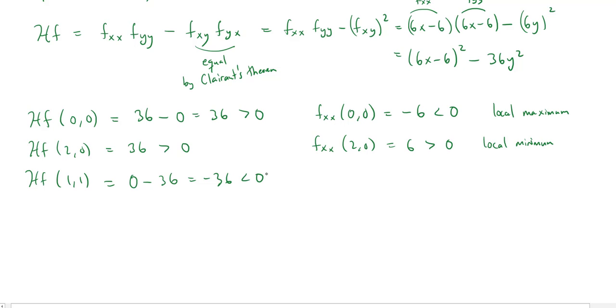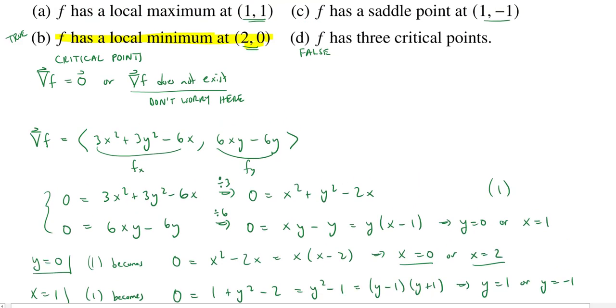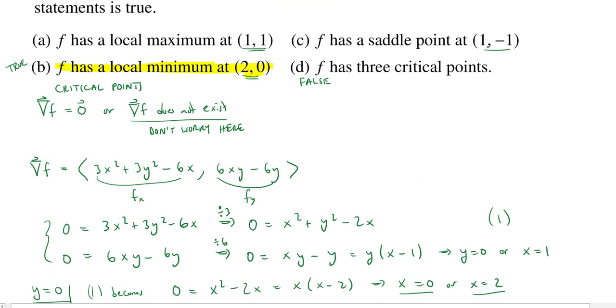Beautiful thing about the second derivative test is when you get a negative Hessian, you're done. You know you have a saddle point. So we're going to get a saddle point at (1, 1). All right, let's check. Something said saddle point. Ooh, it said it at (1, negative 1). Yeah, we don't get a local maximum at (1, 1). So this one is false.